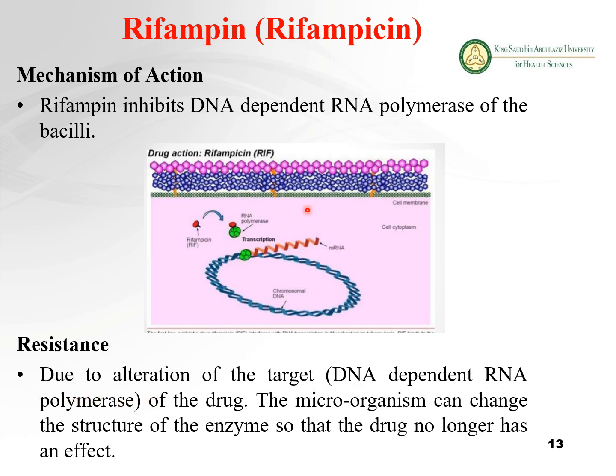So when these drugs are used for a longer time, these mycobacteria can mutate the DNA-dependent RNA polymerase, and that will lead to inactivation of these drugs. The microorganism can change the structure of the enzyme, so the drug no longer binds to its site and becomes ineffective.